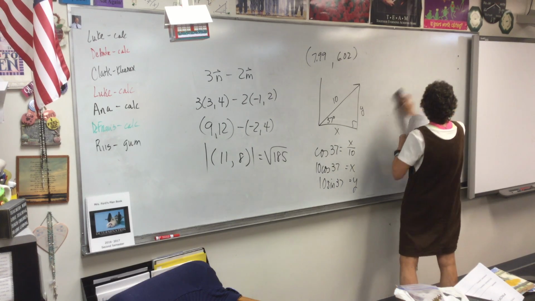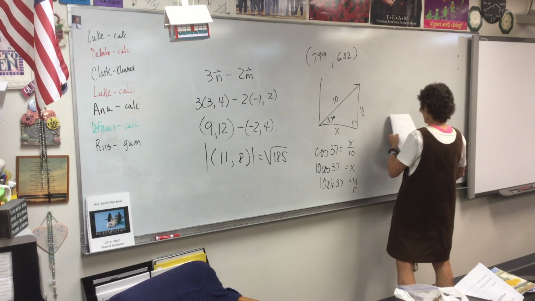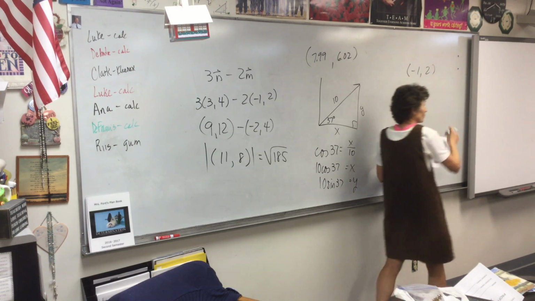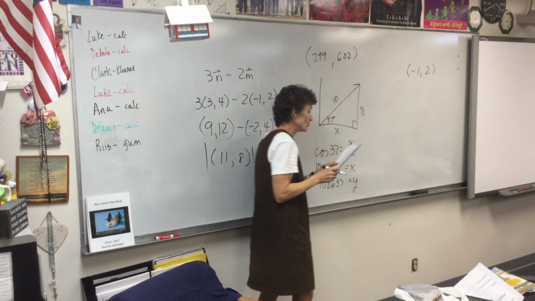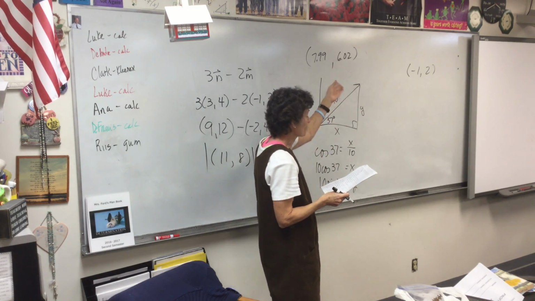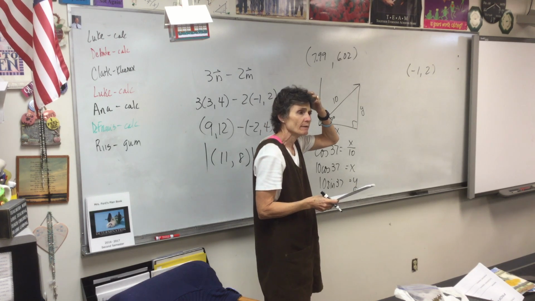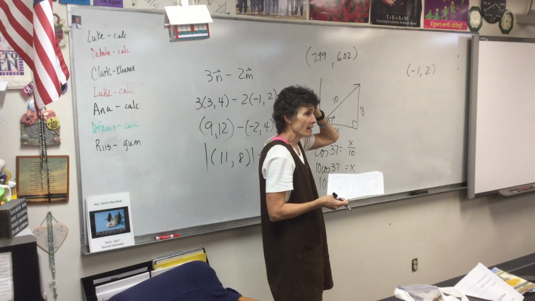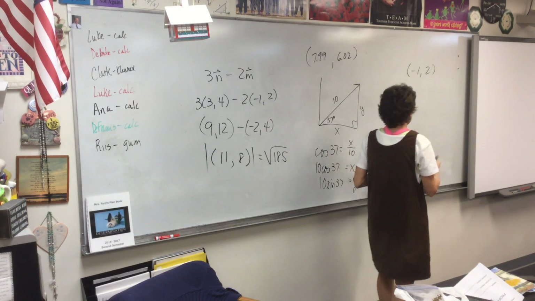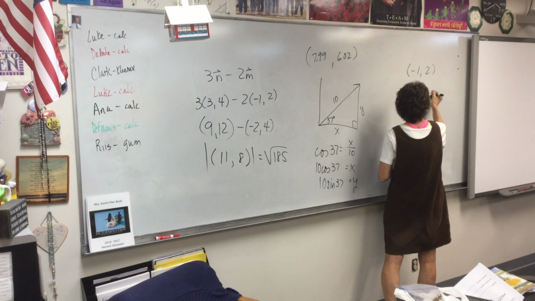We want to find any vector that's parallel to negative 1, 2. This is 2K. Any vector parallel to that, all you have to do is what? Pick a number and multiply it by something. So -2, 4, if you double it.